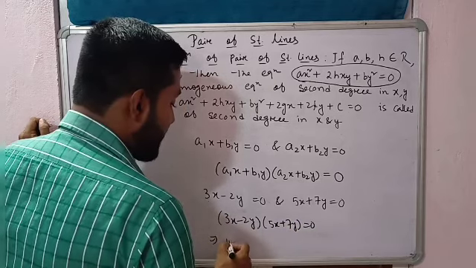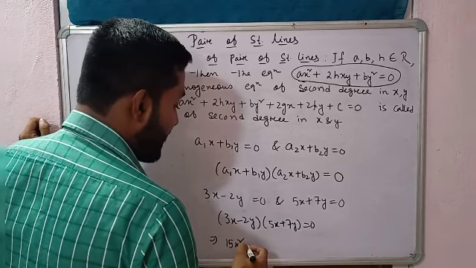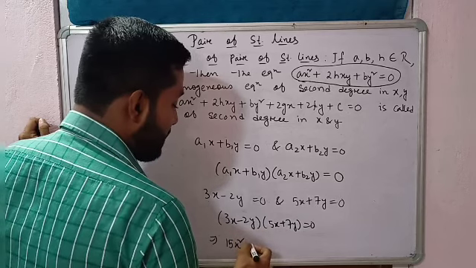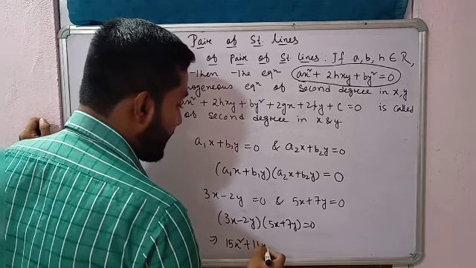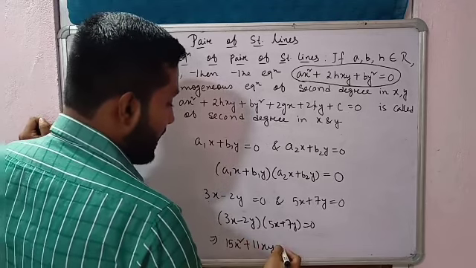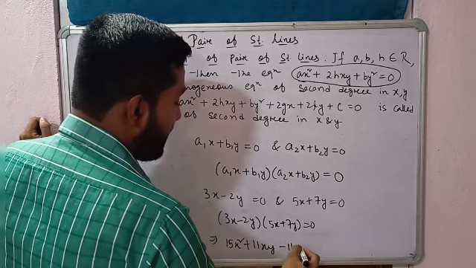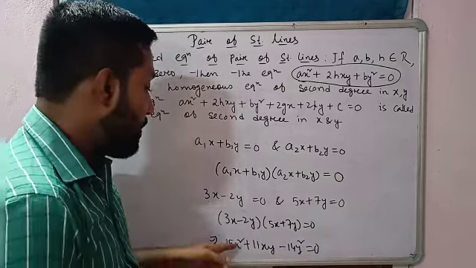It will be 15x square plus 21xy minus 10xy, that is plus 11xy, right? 11xy minus 14y square, this is equal to 0. Look at the combined equation.